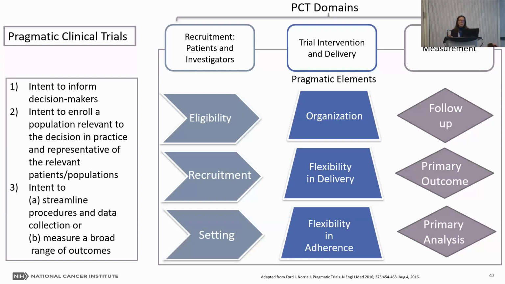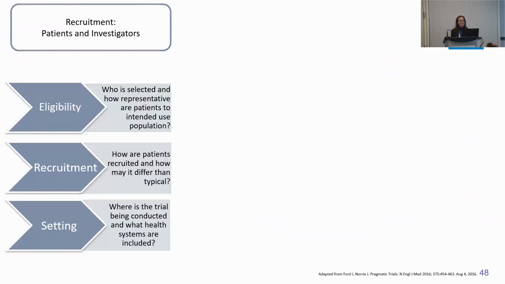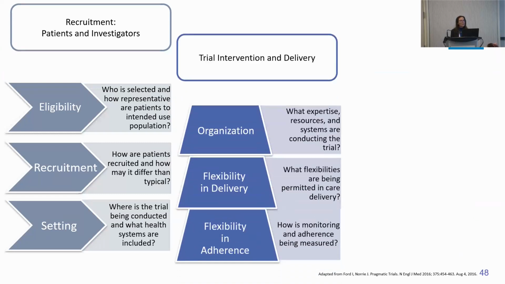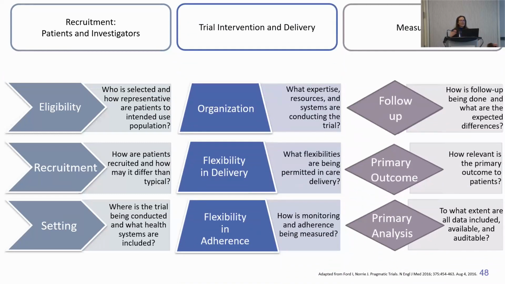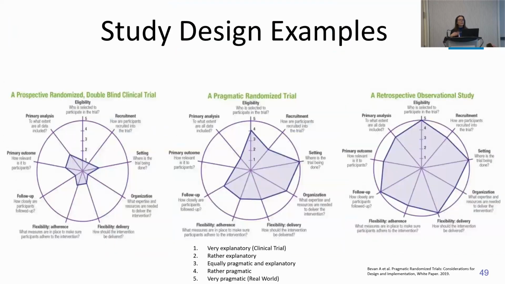Across three domains of recruitment, trial intervention, and measurement, there are various flexibilities that can be introduced that allow, for example, broadening eligibility criteria or flexibility in delivery. These are just examples of questions that you might ask in thinking about how follow-up is being done, or to what extent there's ability for representativeness of patients in the intended use population.